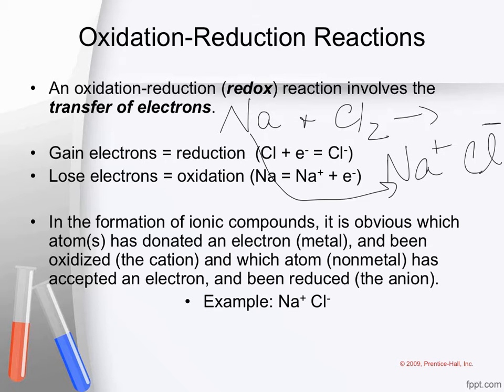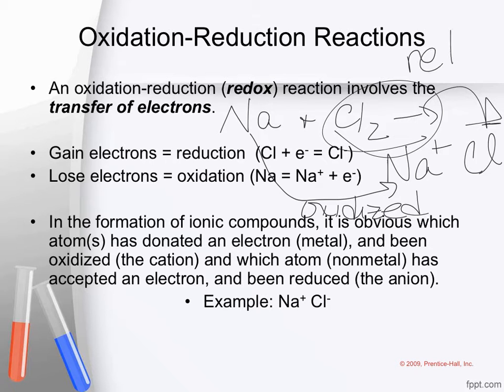So sodium metal has been oxidized: lose electron, oxidized. And the chlorine has become negative, so it has gained an electron. In other words, it's been reduced. It's not always going to be that obvious to identify whether it's a redox reaction, and once you've identified that, to know what's been oxidized and what's reduced.